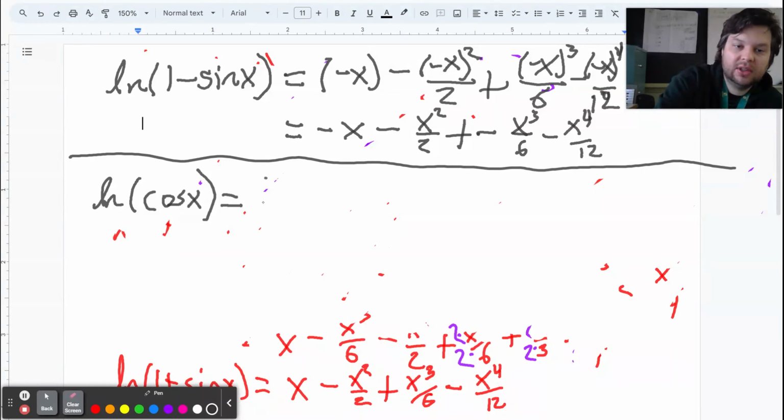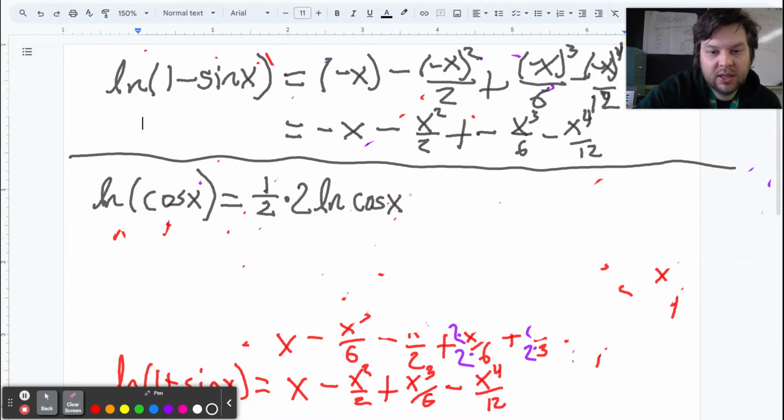So here is one way you could construct this. I hope you would agree that 1/2 times 2 is equal to 1. Like that, natural log cosine x. And so then I hope you would agree that the power in front, I'm going to bring the 2 in front to make it cosine squared x.